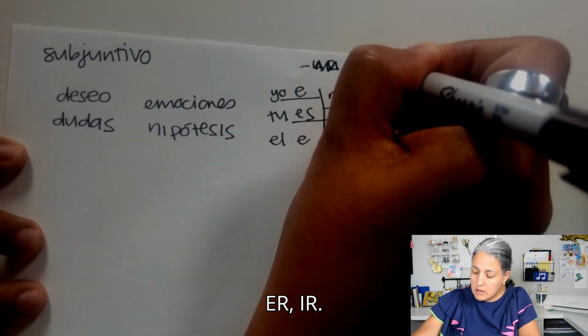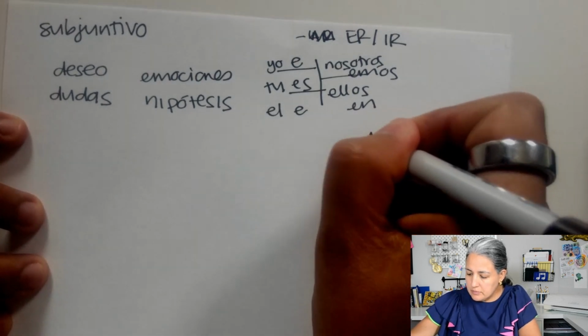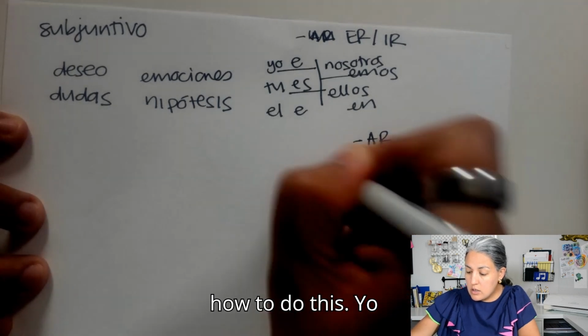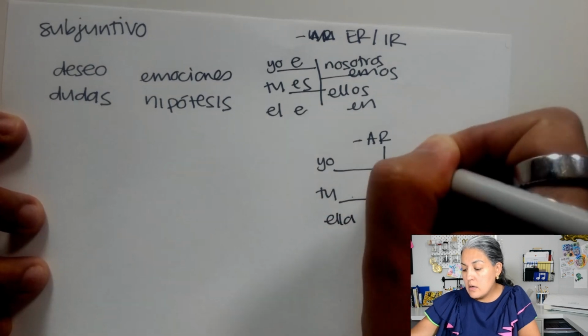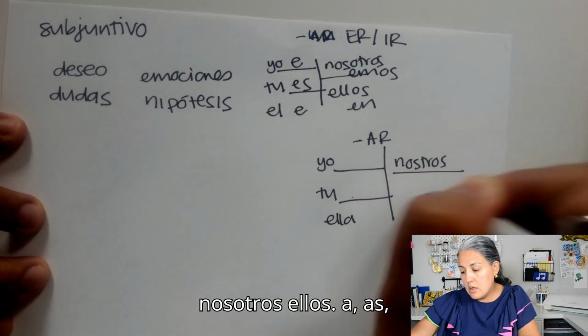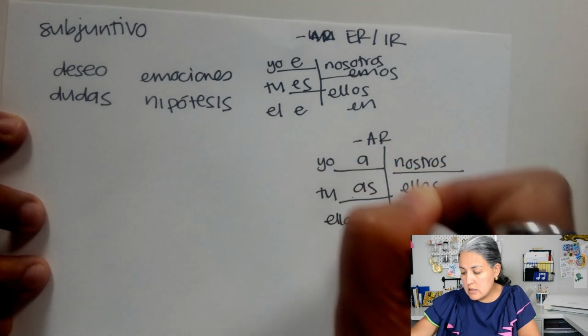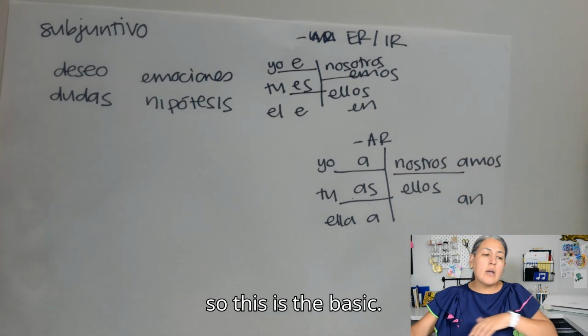ER, IR. Now I'll do AR. So again, the same. We already know how to do this. Yo, tú, ella, nosotros, ellos. A, as, a, amos, an. Okay, so this is the basic.